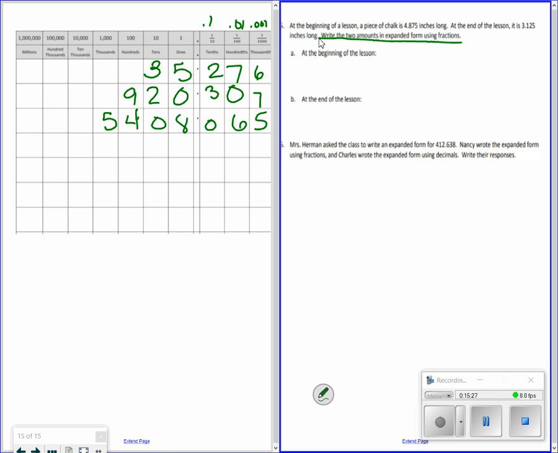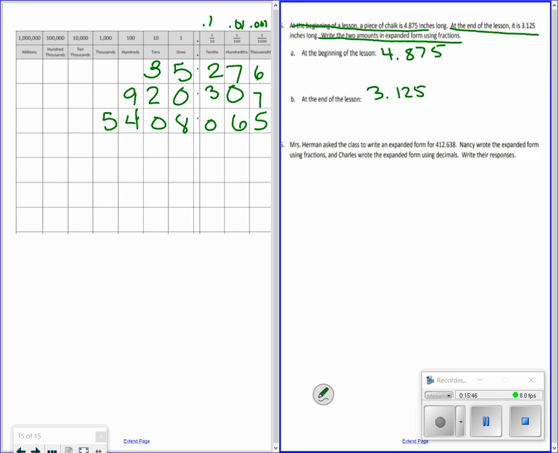It said write it in expanded form. At the beginning of the lesson: 4.875. At the end of the lesson: 3.125. I know that's not expanded, I was just writing it down.